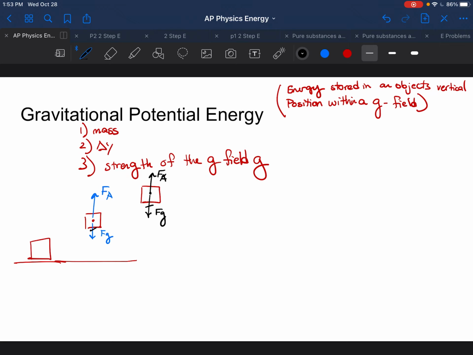And since the gravitational force is constant, the applied force can be constant as well. So we have some delta y.